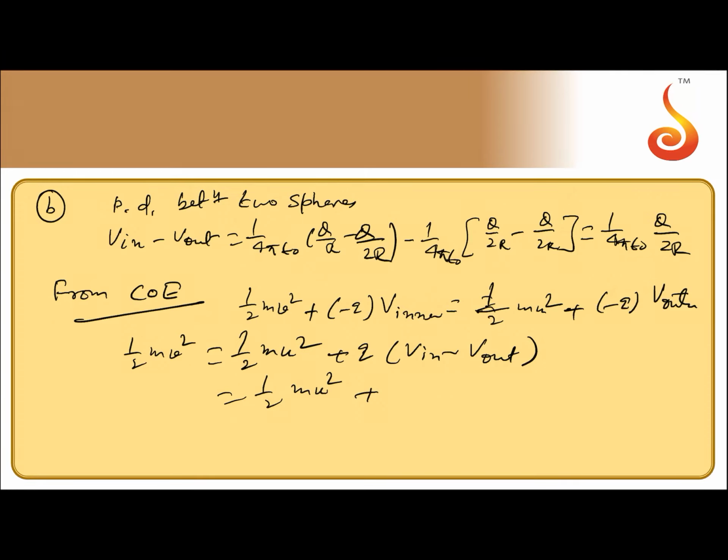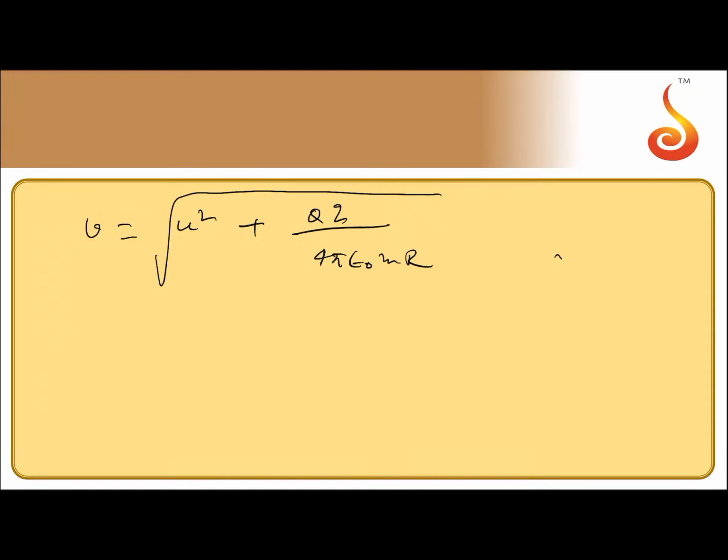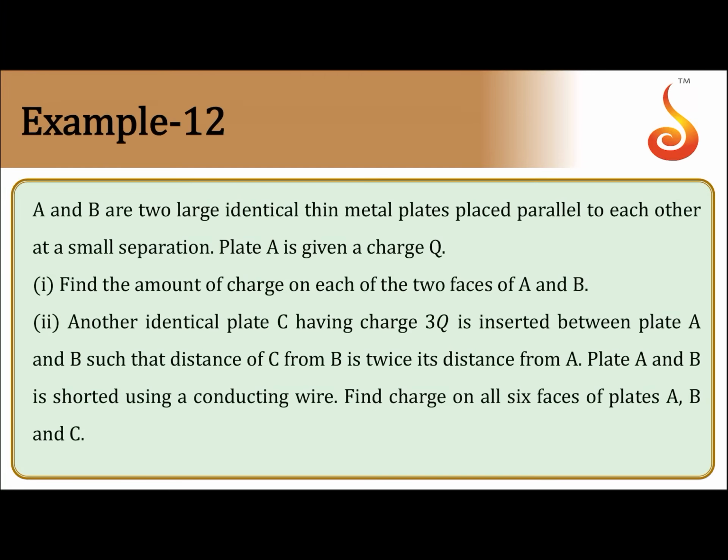So this will be half, plus, we just calculated, by 4 pi epsilon naught 2r. So V therefore will be u square plus, this is the required velocity.